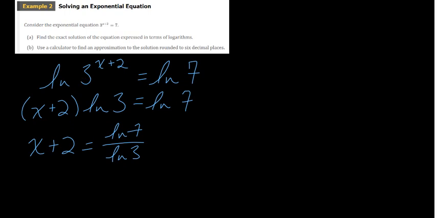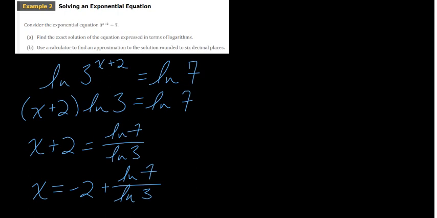Anyways, moving on, since I've rambled enough, we're going to go ahead and subtract 2 from both sides. So we're going to have x is equal to negative 2 plus the natural log of 7 over the natural log of 3, right?